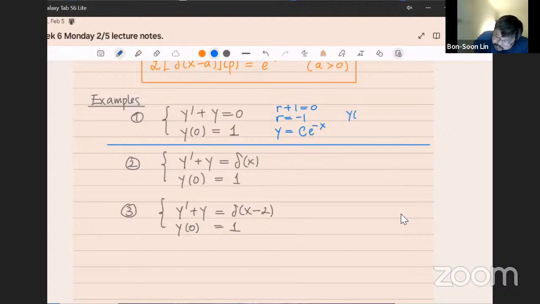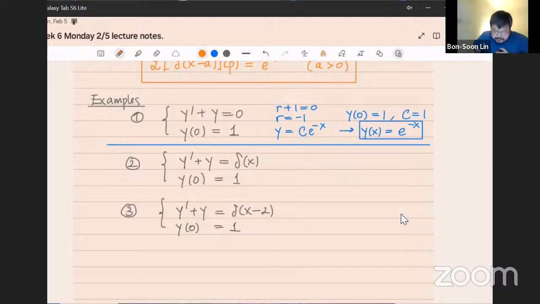And because y of 0 is equal to 1, we plug in 0, and c is equal to 1, because y of 0 is c e to the 0 equals 1. So the solution is y of x equal to e to the minus x. That's the first problem, a simple exam 1/exam 2 question.